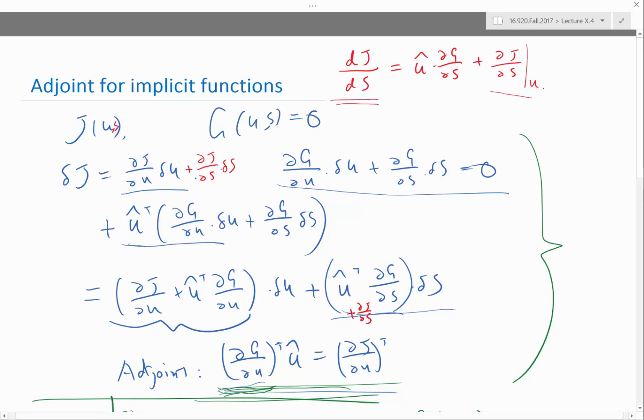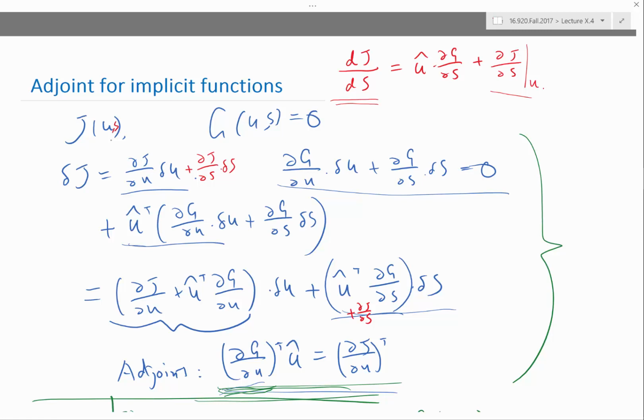While on the left hand side, it is the derivative of J with respect to S, including the consideration that u depends on S. If you change your S and look at how J changes by the combined effect of the changing S and changing u due to a change of S. All right, this is what happens if J actually explicitly depends on S.